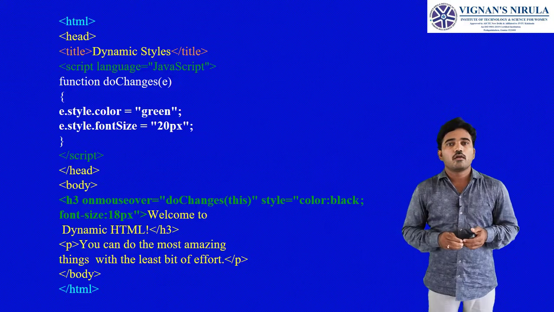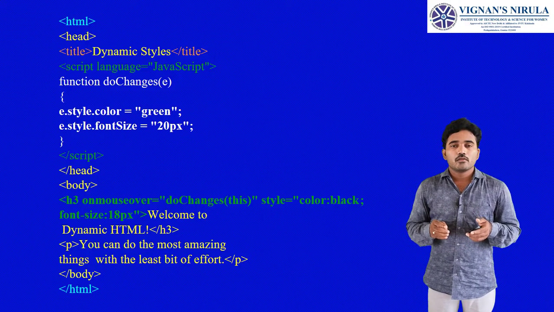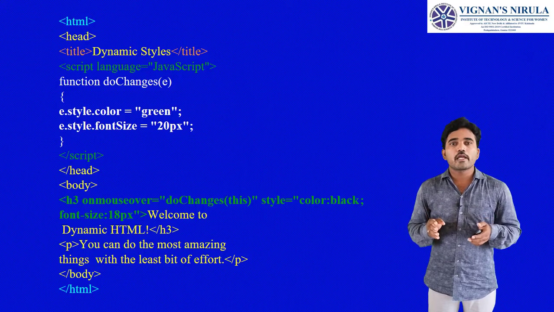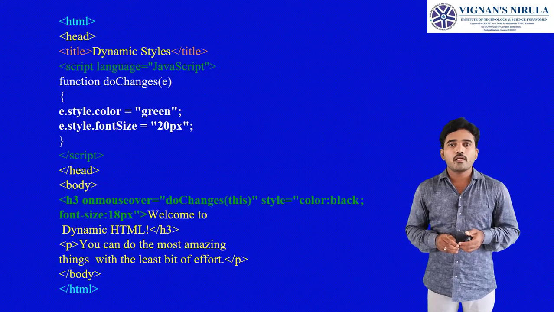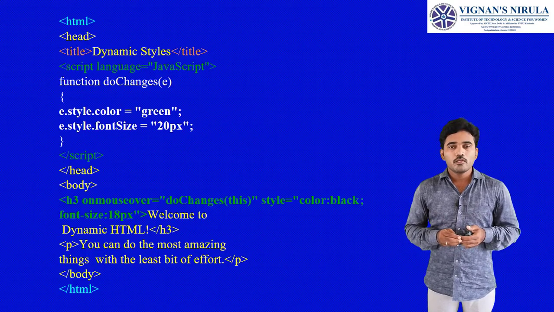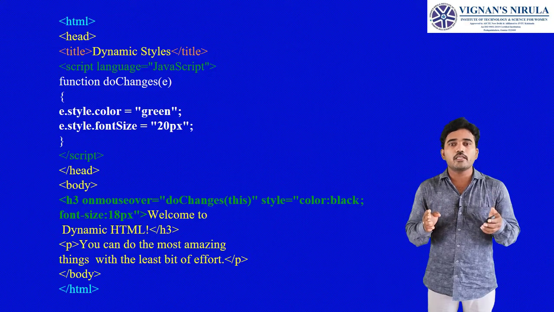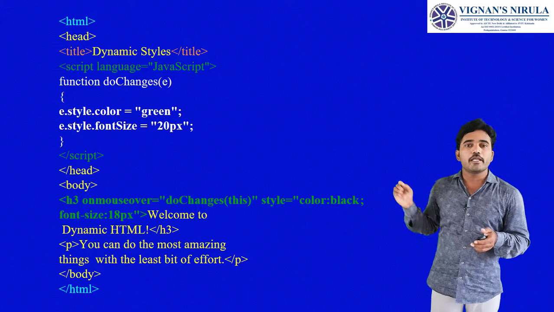Now I have written, by using its parameter, that is e, whatever the parameter that I have passed. So e.style.color equals green I have used, and thereafter e.style.fontSize equals 20 pixels. So initially, the "Welcome to dynamic HTML" text color is by default black and its size is 18 pixels.